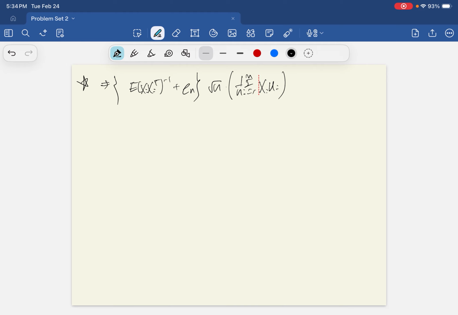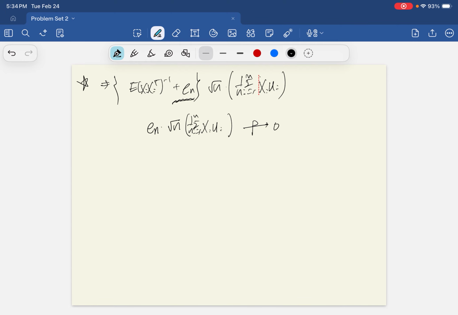I don't know what happens here, so we are going to ignore this error term. But to do that mathematically, what's hidden is that we have to show that when it is multiplied by this, it goes to 0.